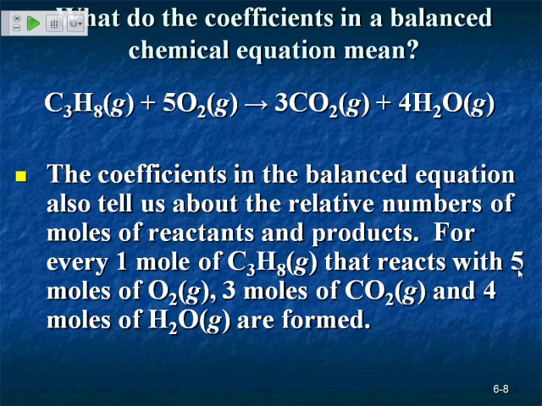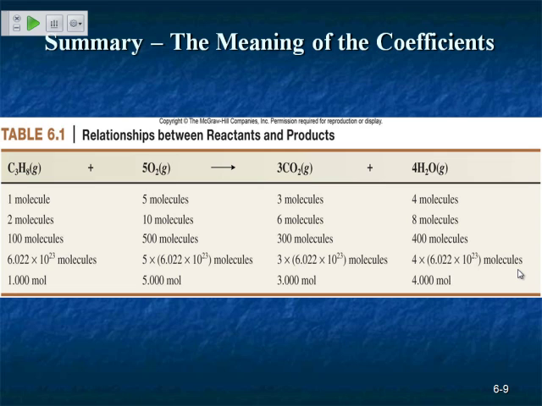So this equation can be explained in this way. For every mole of propane that reacts, how many moles of oxygen is required? 5 moles of oxygen is required and 3 moles of carbon dioxide is produced along with 4 moles of water. Okay? So those numbers just become the mole ratios between the reactants and products.